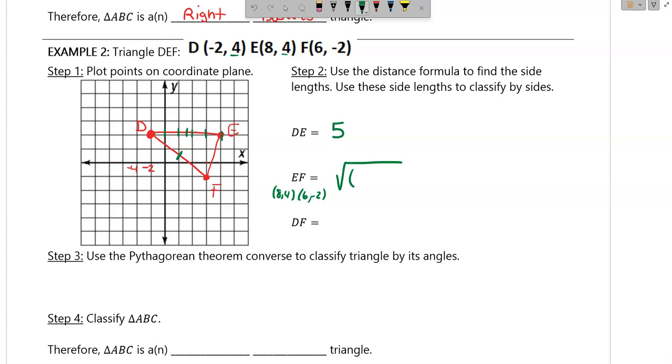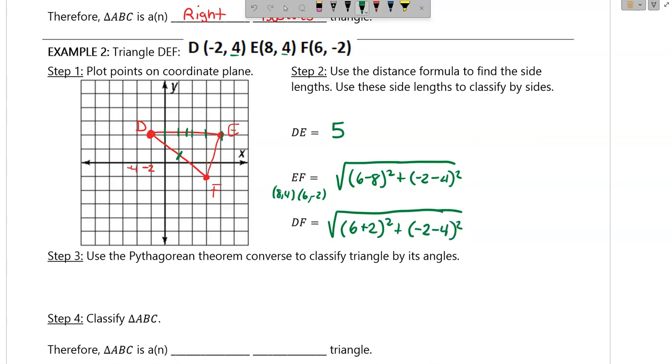So when we set up our distance formula, it would be (6 minus 8) quantity squared plus (-2 minus 4) squared, and we'll compute that in a second. And then lastly, DF, again, I'm using the points from up here. So DF would be 6 minus -2, so that's really 6 plus 2. And then lastly, -2 minus 4. So we'll go ahead and evaluate both of those, and then we'll take a look at those answers.